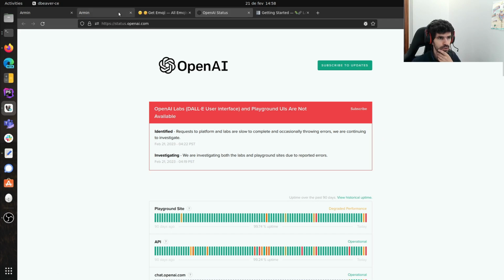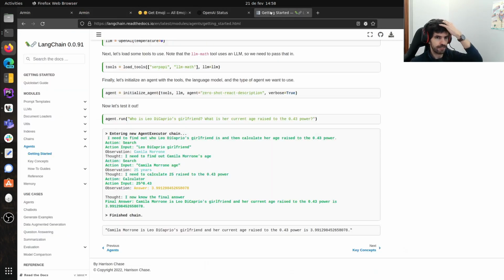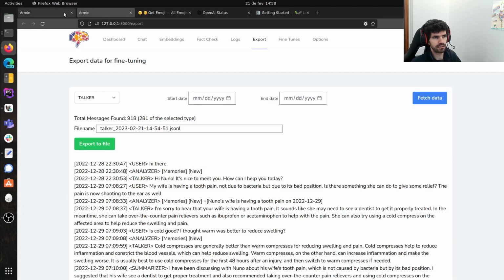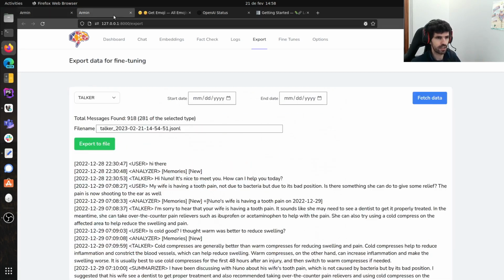Also, like I said last time, I haven't been putting a lot of effort into working new features into this project. I have been talking and creating conversations, and right now my data has 281 JSON lines, so I'm reaching 300.